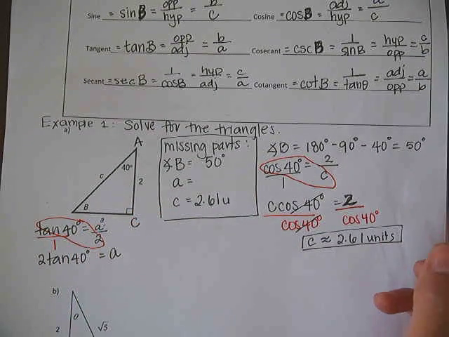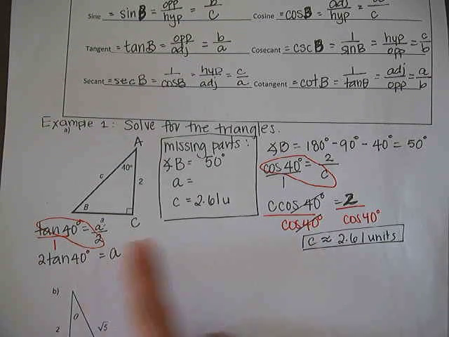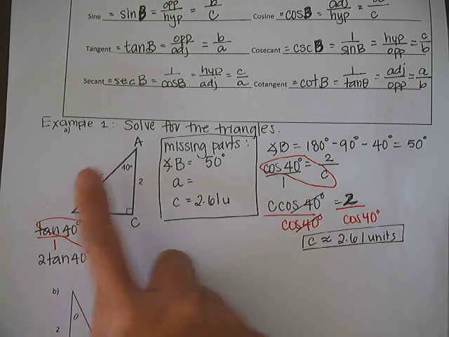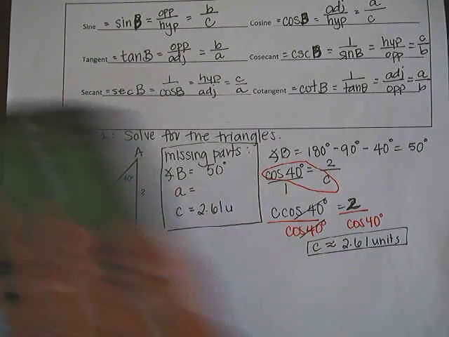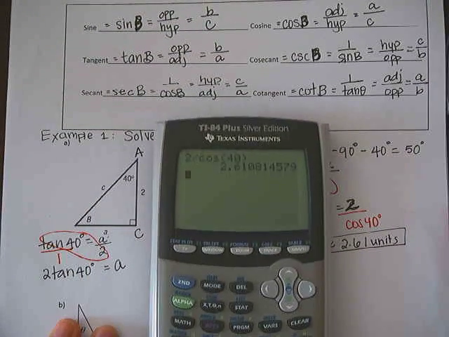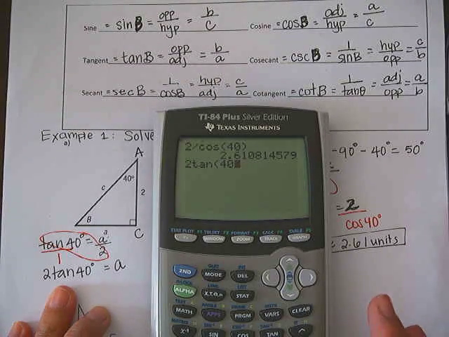A times 1 is just itself. Now I'm going to punch this entire piece into my calculator. You can't really take cosine, tangent, or sine of these angles without the calculator. So all I have to do is punch in 2 times tangent of 40 degrees and close that.